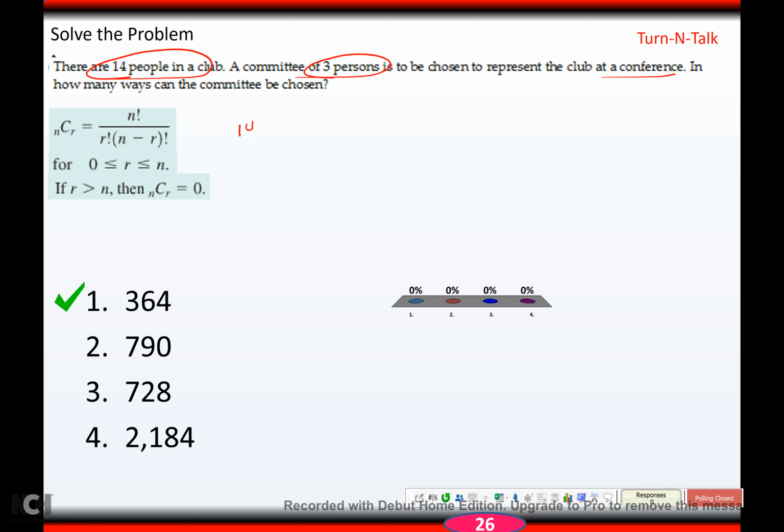So I have 14 objects that I'm going to count 3 at a time. The order doesn't matter. So that's going to be 14 factorial over 3 factorial times 14 minus 3 factorial. So that's going to be 14 factorial over 3 factorial times 11 factorial.